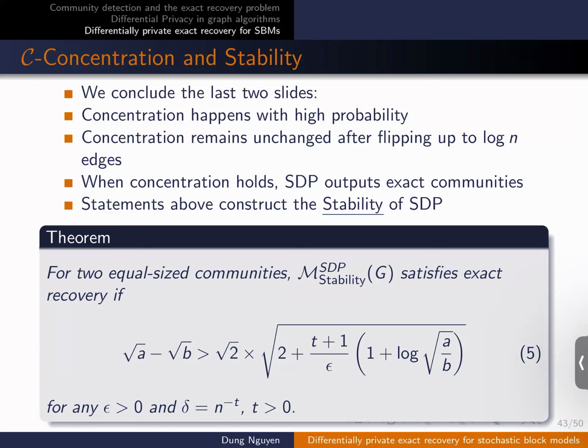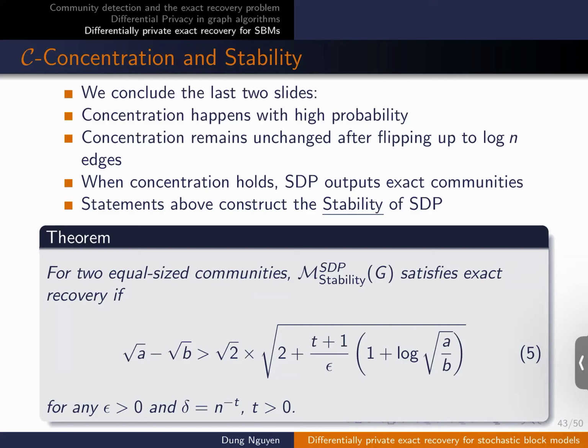Okay, I see. And is it true that even in your specific case, if delta doesn't go to 0 like an inverse polynomial of n, for example, suppose it goes to 0 like 1 over 2 to the square root log n, then there will be some break, basically?